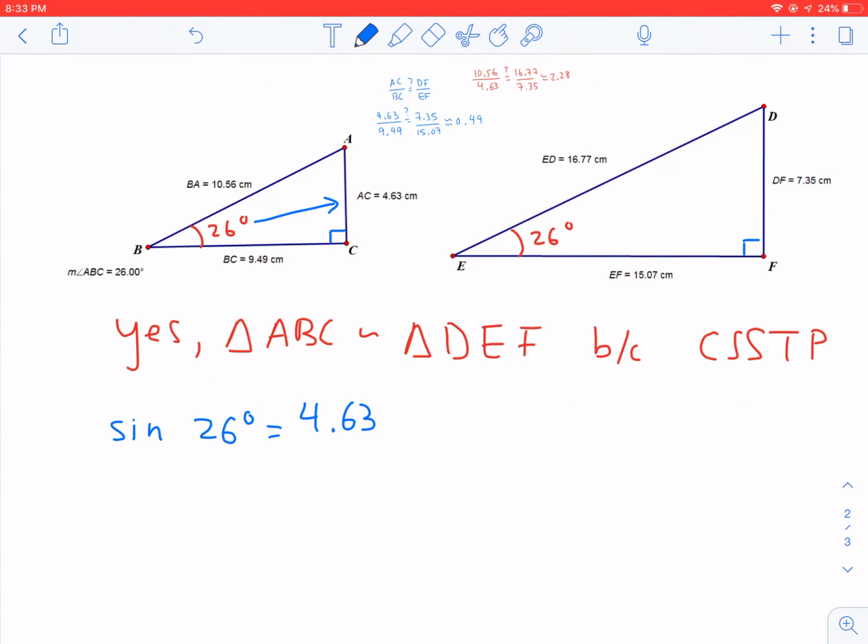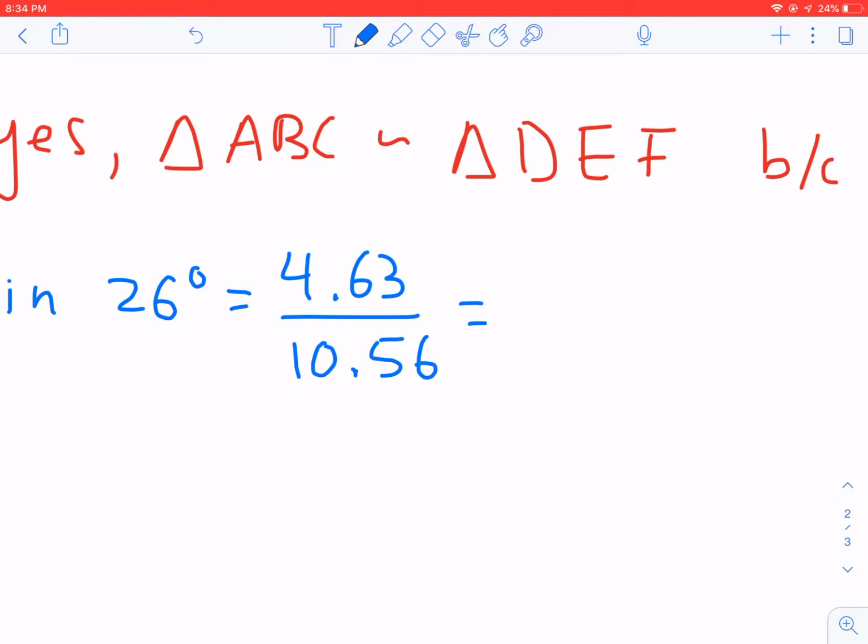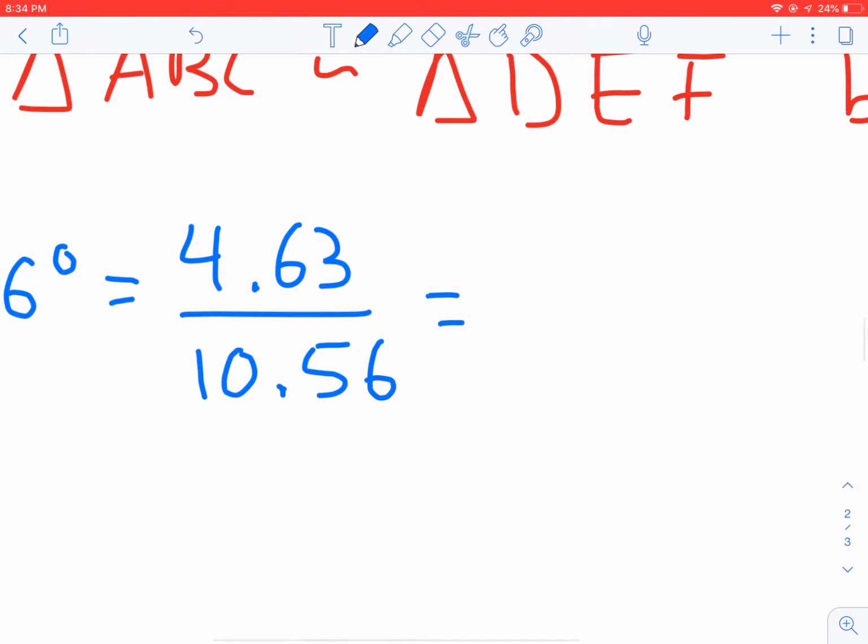Sine of 26 is going to be 4.63 divided by the hypotenuse, 10.56. And again, let's type that into our calculator. 4.63 divided by 10.56. And that is 0.44, approximately.